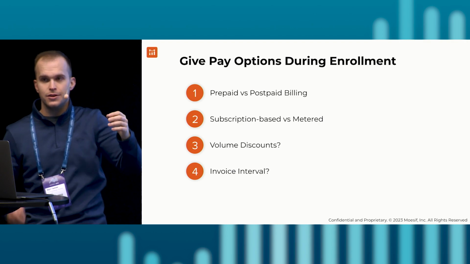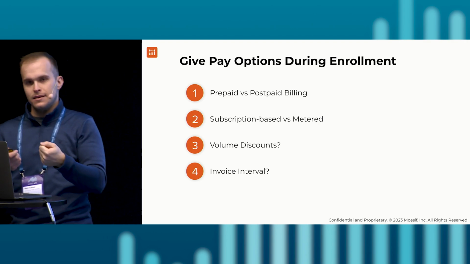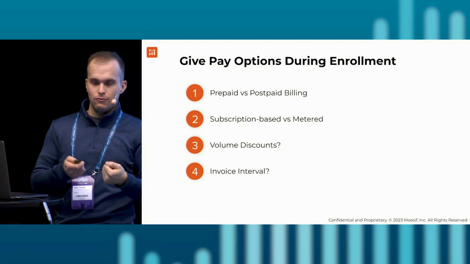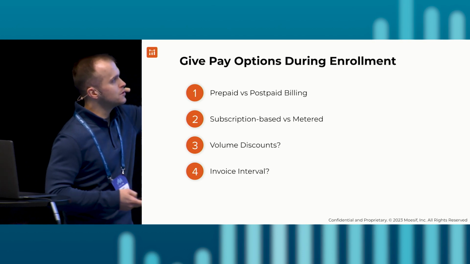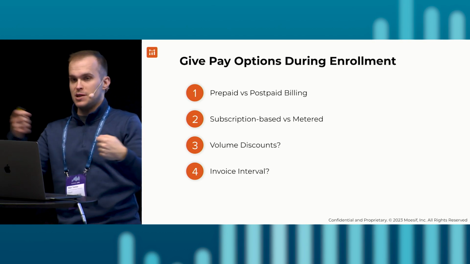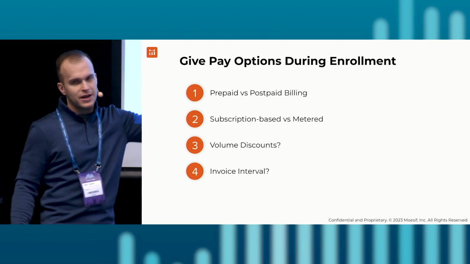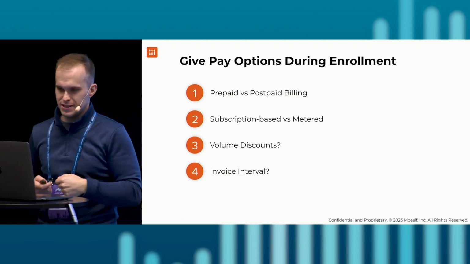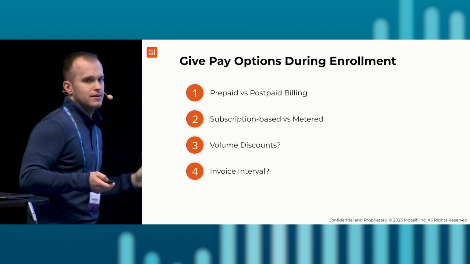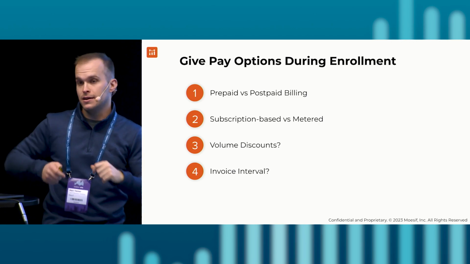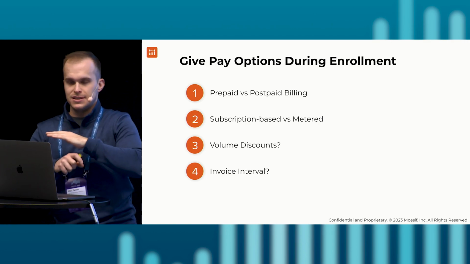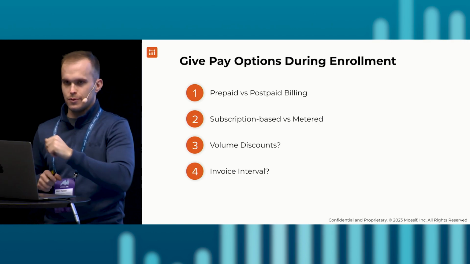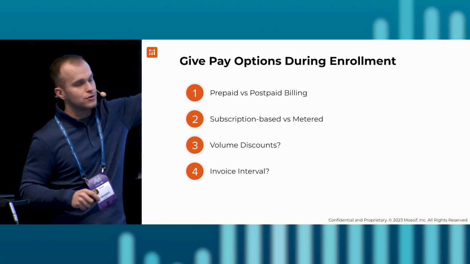So as we mentioned, there is a way to get kind of the best of both worlds. Remember how I mentioned subscription-based is great because you get a minimum spend, but metered is better because it looks cheaper and it also means that folks can expand more easily. You can offer both of that. So maybe someone knows, hey, we are absolutely going to use exactly 10,000 API calls per month, and that perfectly fits this subscription tier.